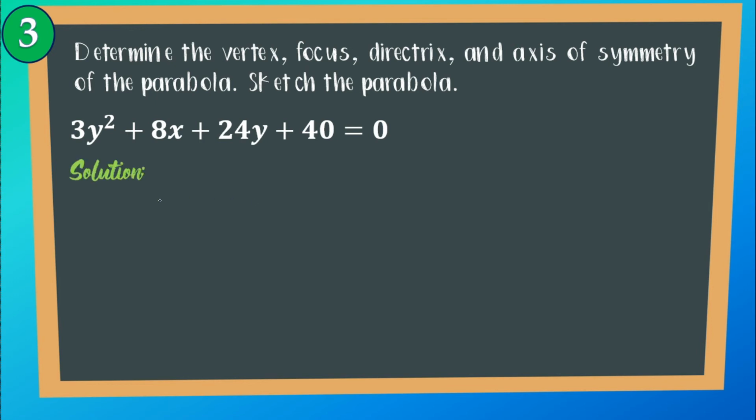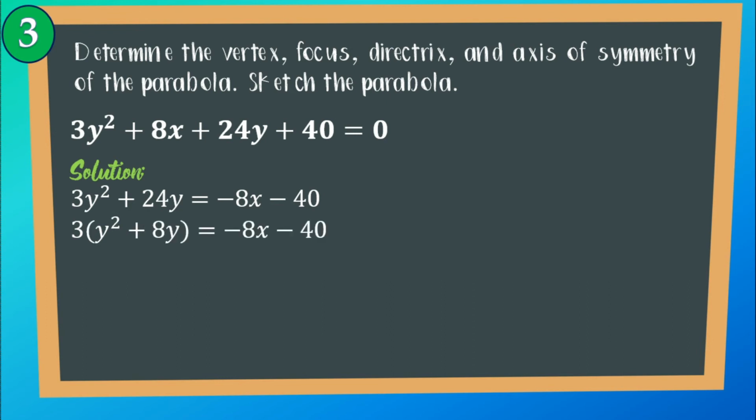So this is the process. So group lang natin yung y. So 3y squared plus 24y, tapos yung 8x, tapos yung 40 move natin to the right side. So 3y squared plus 24y equals negative 8x minus 40.